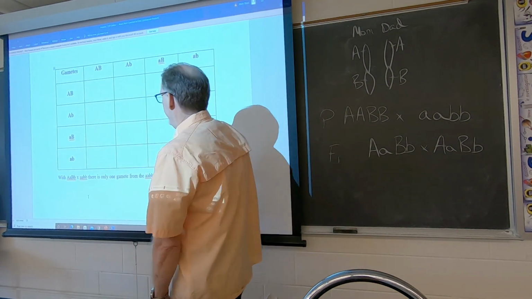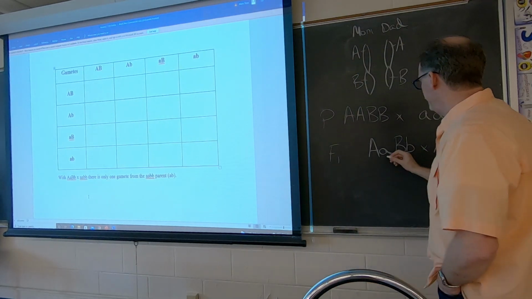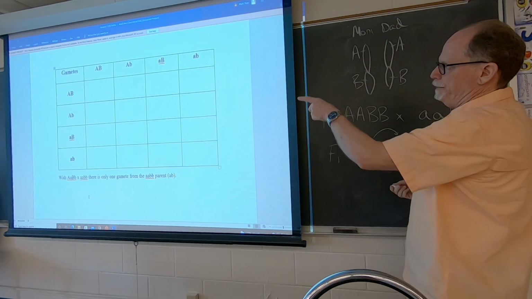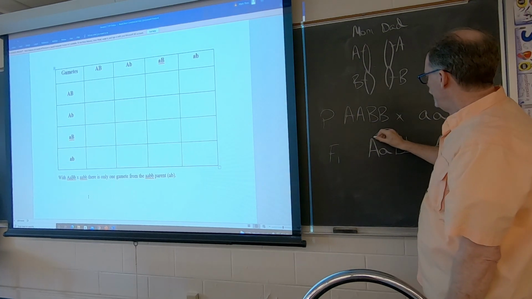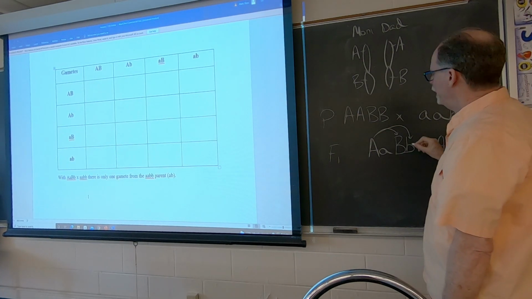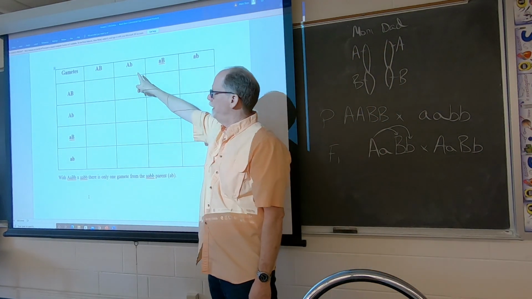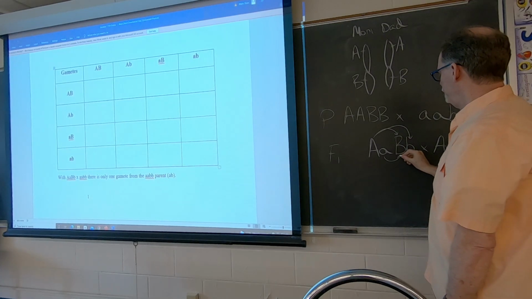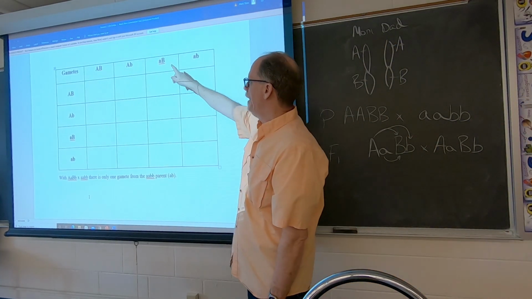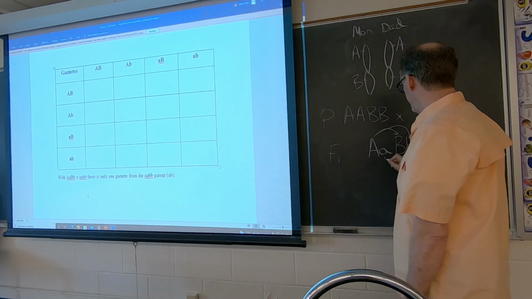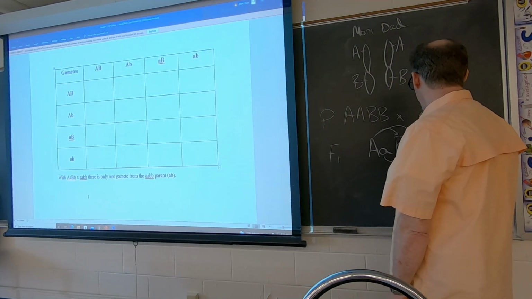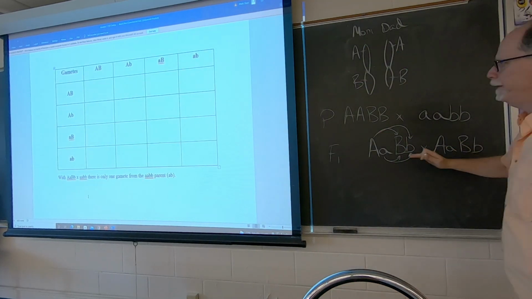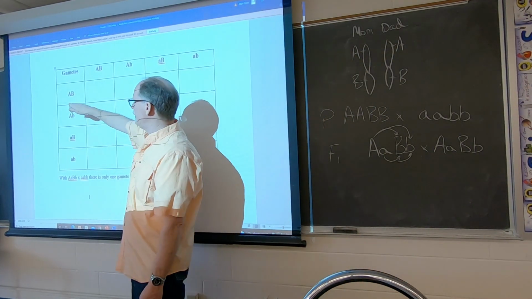The way you get them is you say this one hooks up with that one, which gives you the big A, big B. Then big A hooks up with the little b, which gives you that genotype. Then the little a hooks up with the big B, which gives you that genotype. And then the little a goes with the little b. This individual does the same thing, and that's what generates these gametes.